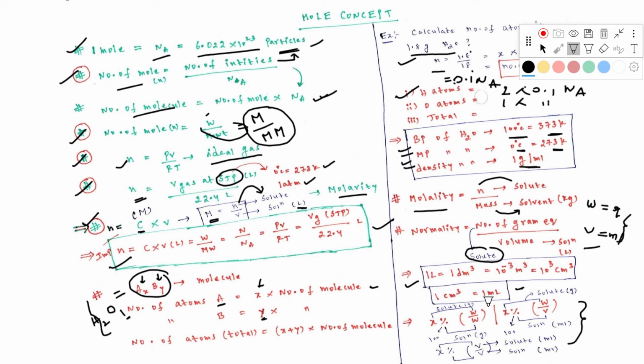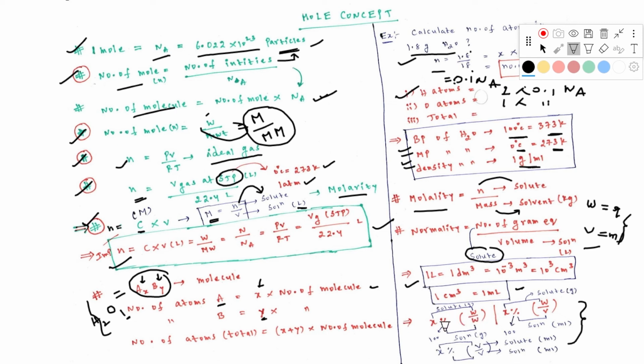Means this numerator W and X always represent solute, and this percent and this denominator W always represent solution. And again here, this X and this numerator volume represent solute, and this percent and volume represent solution.